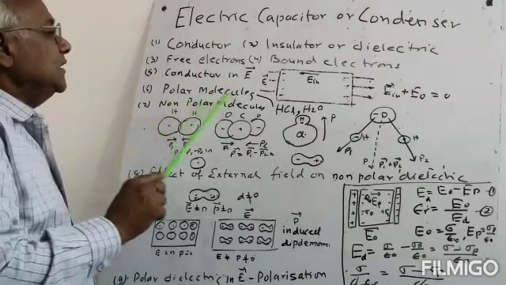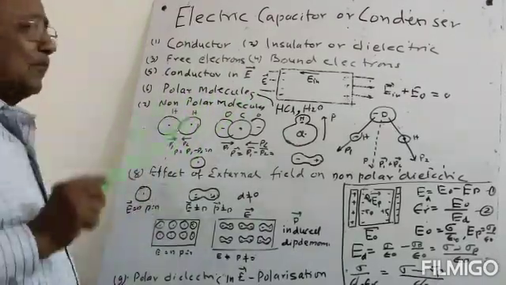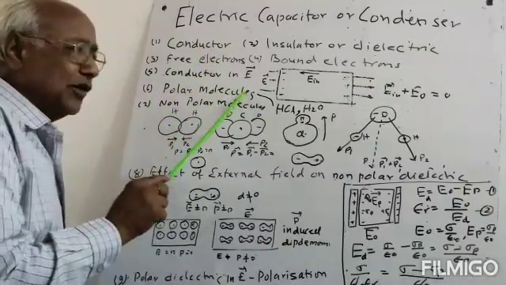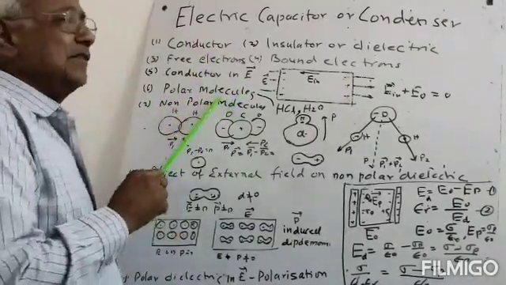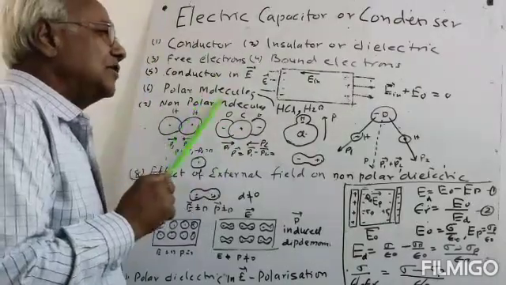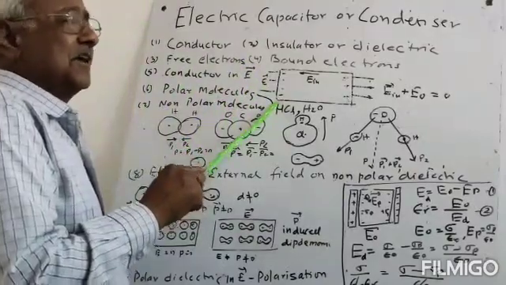Now next definition is polar molecules. Now what do we mean by polar molecules? Polar molecules are those molecules in which the center of negative charge and the center of positive charge do not coincide.